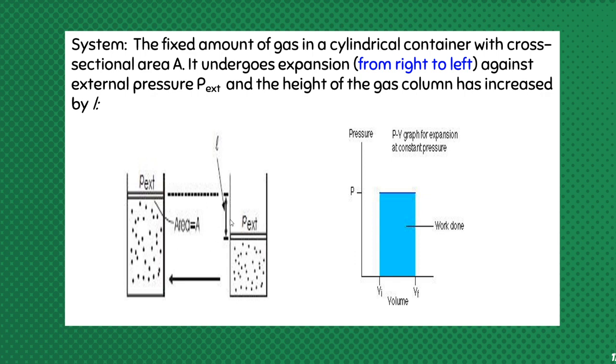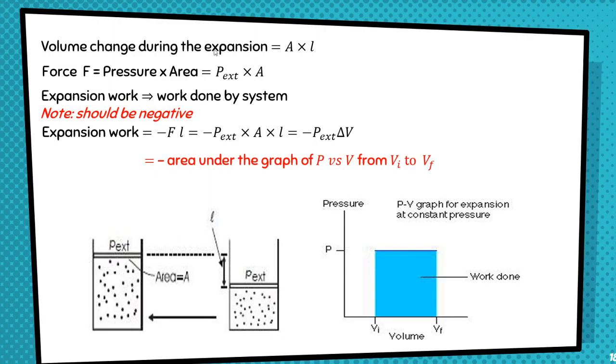Now, how do you actually quantify this? The volume change is the cross section area times the height, or the length here, and so that is A times L, as you can see. And force equals pressure times the area, P times A. Expansion work is the work done by the system, so it should be negative, according to what we've seen before.